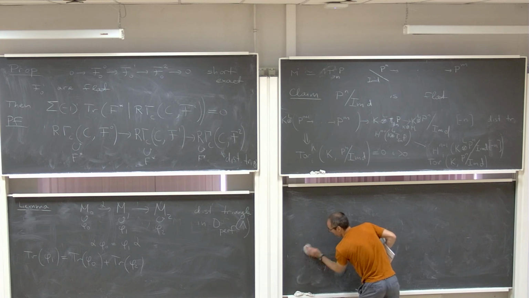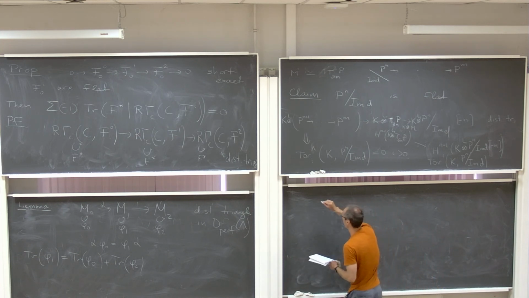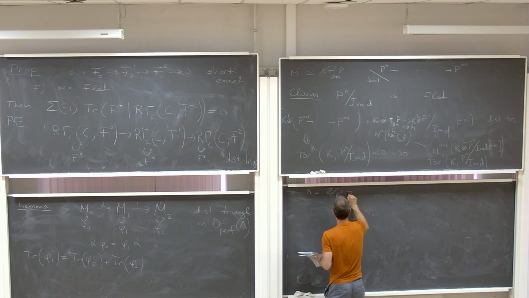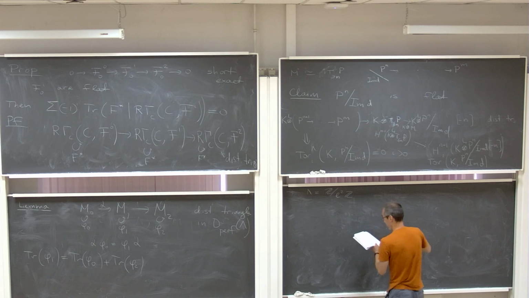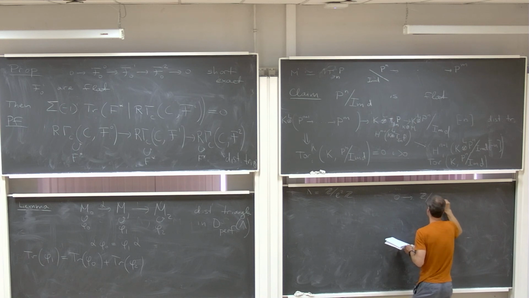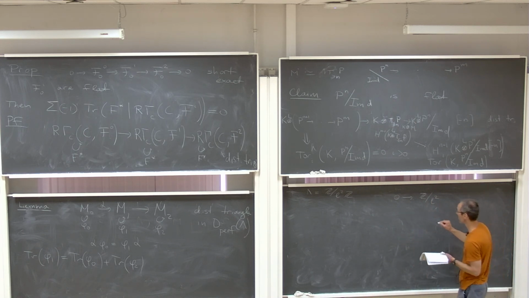So let's take the following complexes. I take for lambda Z mod L squared Z. My first complex will be 0 to Z mod L squared. So these will be complexes of finite projective modules.